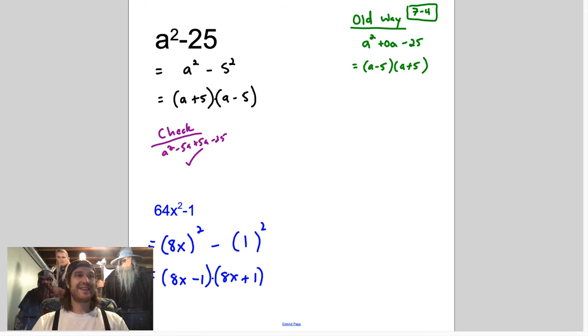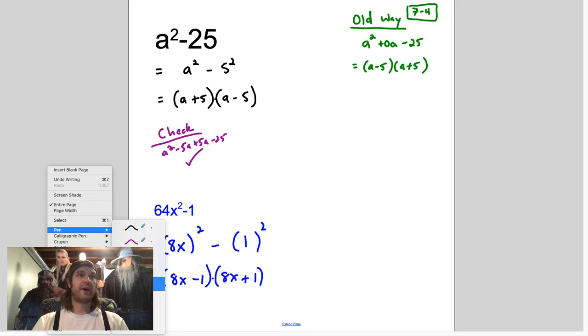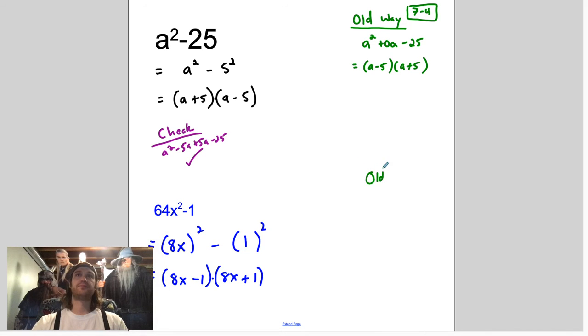Now, if I were doing this via the old methods, the old way still works. This is from 7.5. The reason this is 7.5 and not 7.4 is our leading coefficient is not equal to 1. 64x squared plus 0x minus 1. We're looking for factors of negative 64 that add to 0.